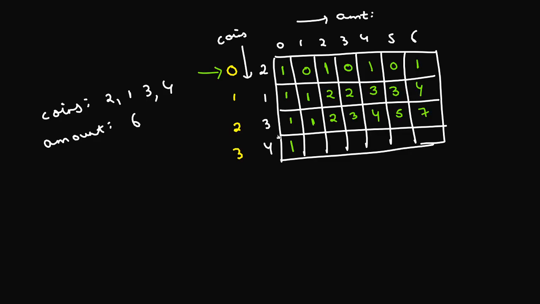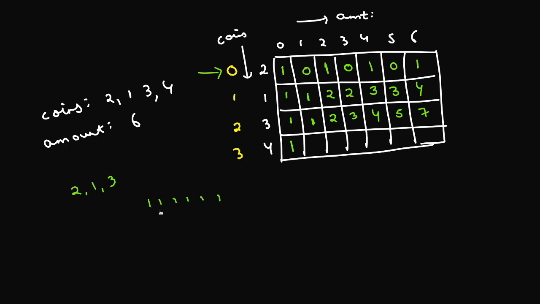And you can actually work out that if you have the coins of denomination 2, 1 and 3, there actually will be 7 ways in which you can create 6. If you want, we can just try that out. Okay. So one way is to, of course, use all the ones in order to create the 6. 1, 2, 3, 4, 5, 6. That's one way.